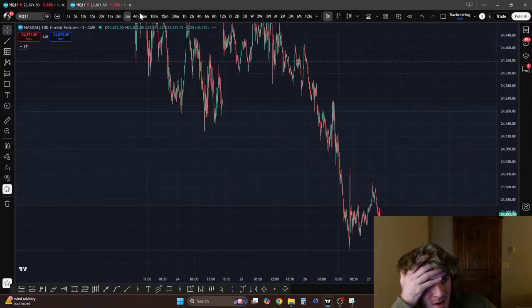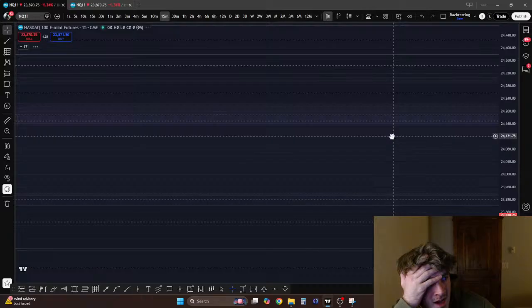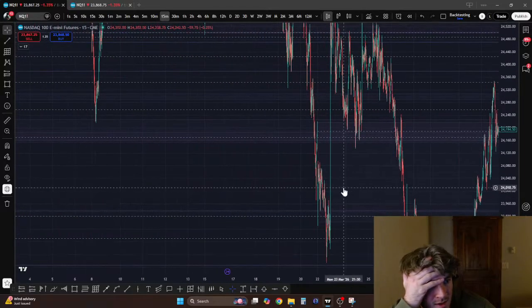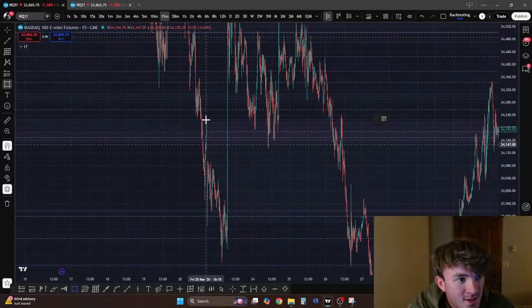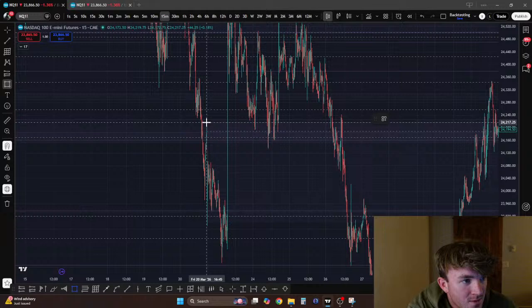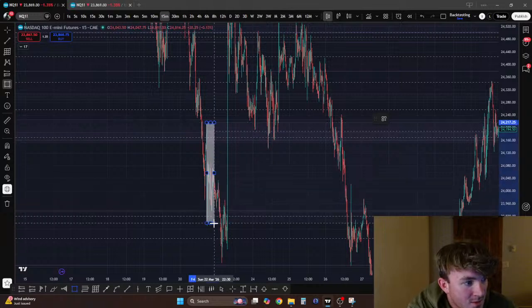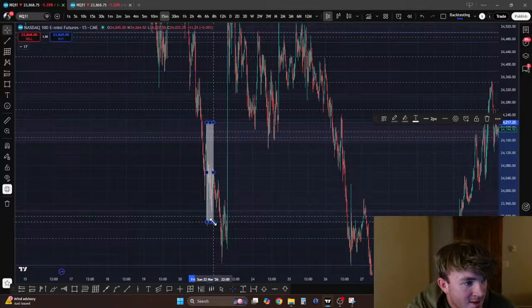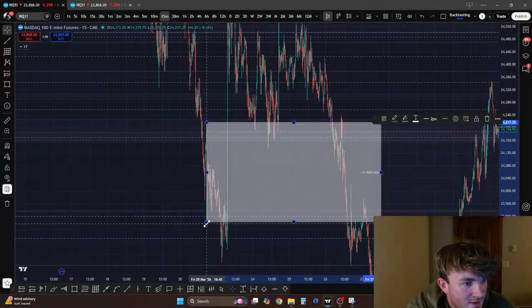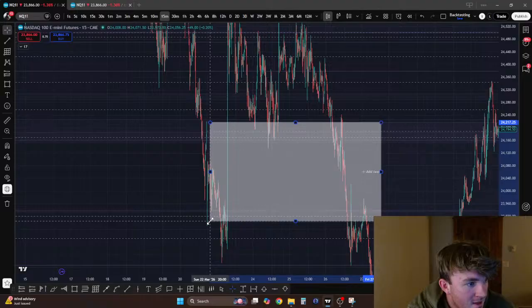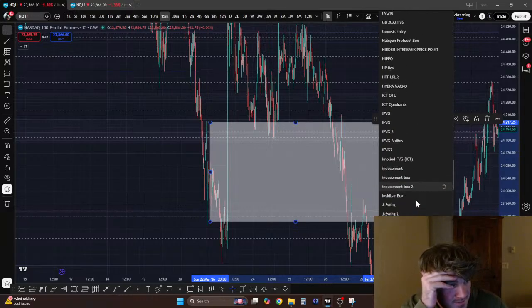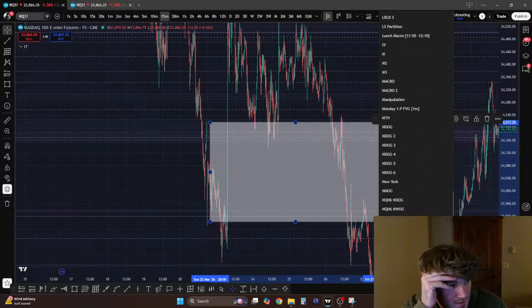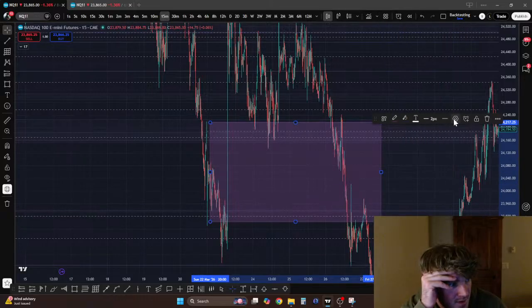So remember how I was marking out the quadrants of this gap all the way in the pre-market, and I was like, I wonder if we end up using any of these? Well, we did. We backtested CE of this. My eyes hurt. We backtested CE of it very nicely. I was right.